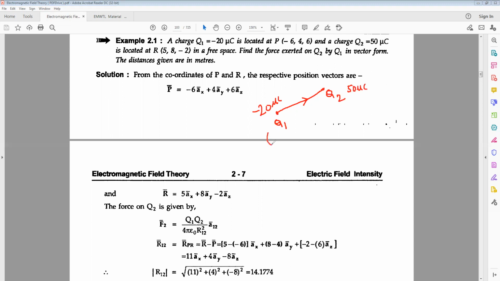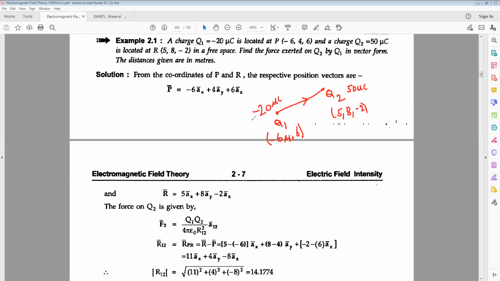Q1 is located at minus 6, 4, 6, and Q2 is located at 5, 8, minus 2 in free space. Epsilon r is equal to 1. Find the force exerted on Q2 by Q1 in vector form.